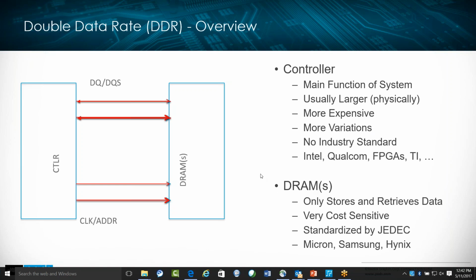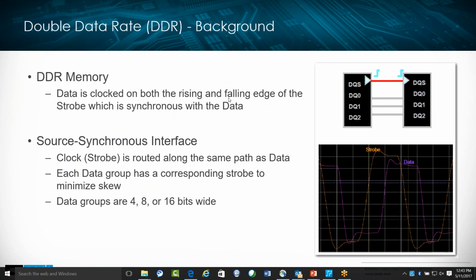The DRAMs, though, on the other hand, they store and retrieve the data. They're very cost sensitive, so they don't want to spend much money on those. And the key thing there is they are standardized by the JEDEC spec. So in HyperLynx, we have the JEDEC specs and the timing for those memory modules, and we use that for our simulation and our analysis.